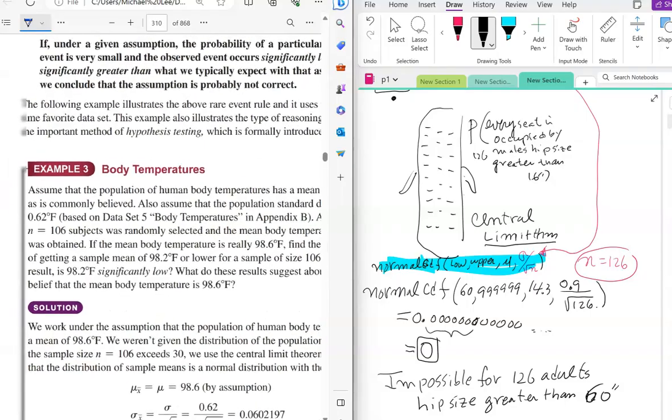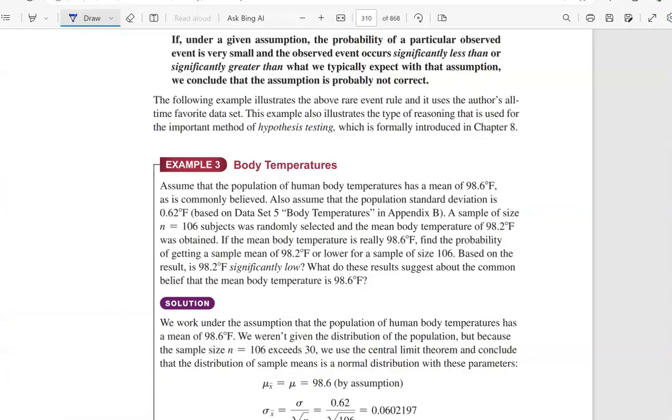This is a kind of long question here. So here, the body temperature of adults is 98.6 Fahrenheit, and the standard deviation is 0.62. Okay. So 106 people were randomly selected, and when we measure their body temperature, the mean was 98.2.